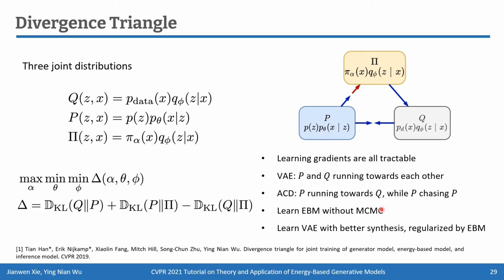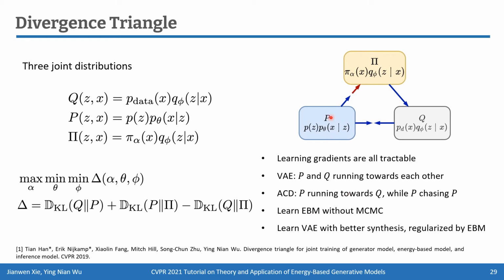In this way, we can learn the energy-based model without MCMC because we use the generator as an approximate sampler. And also we can learn the VAE or generator model with a better synthesis because now the learning of the generator model is regularized by the EBM as the target density.